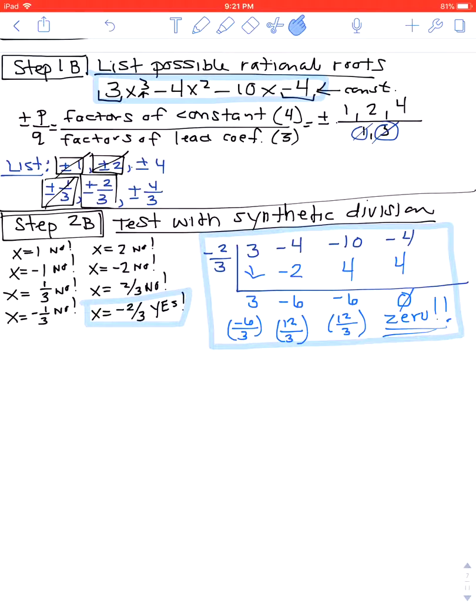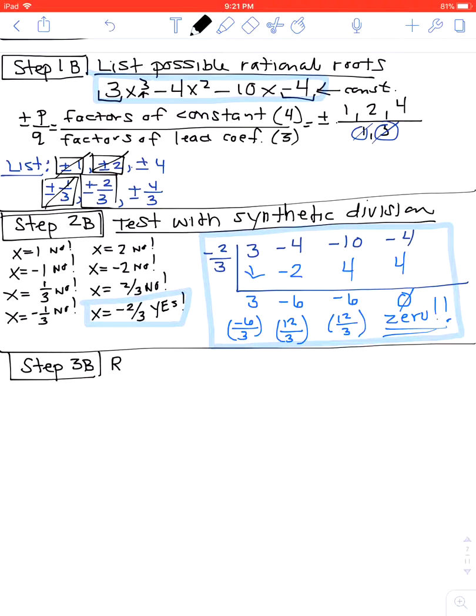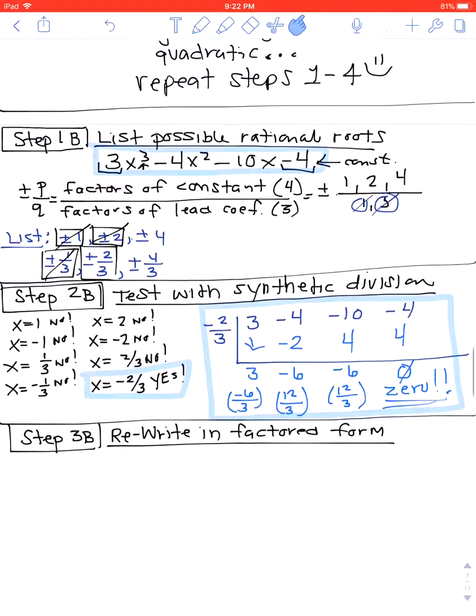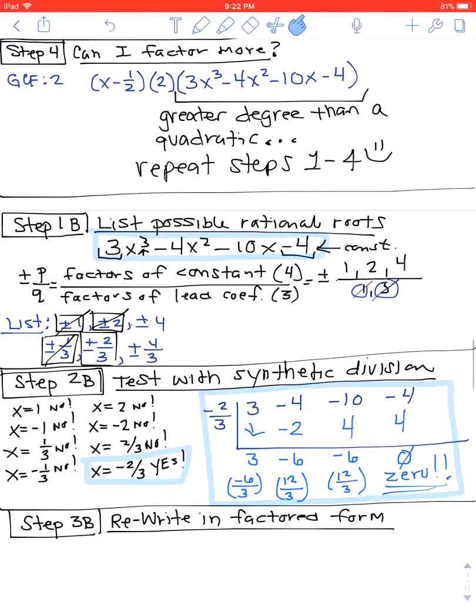All right, so step 3. What do we do with that information? You need to rewrite in factored form, and this part is incredibly important. You need to look back at what you already had.